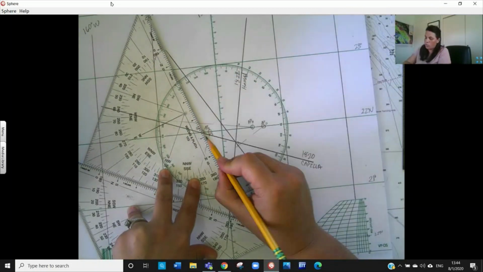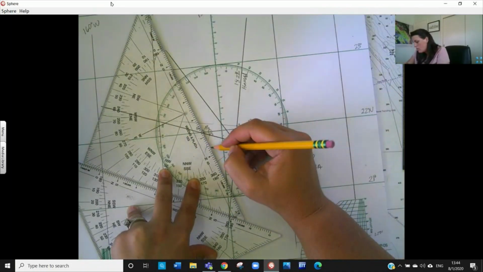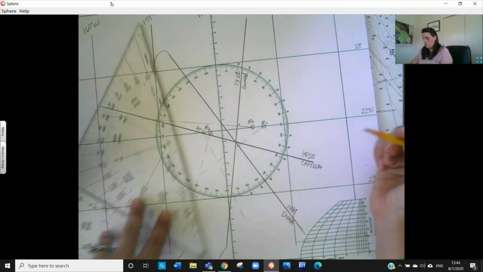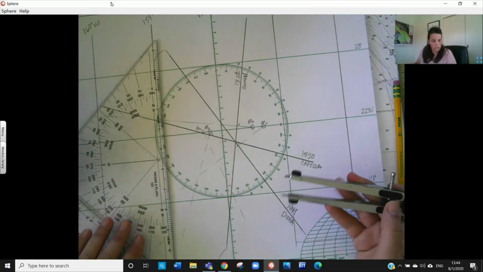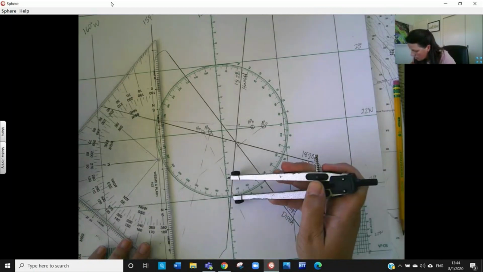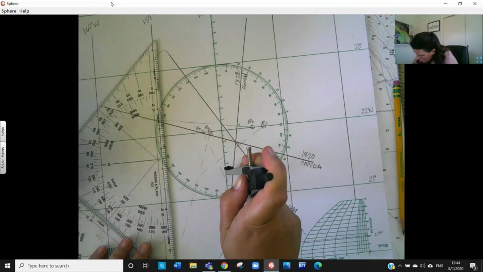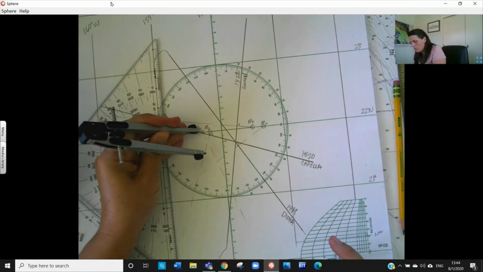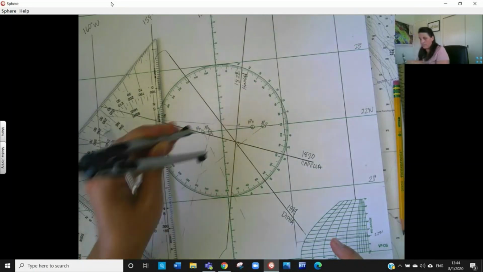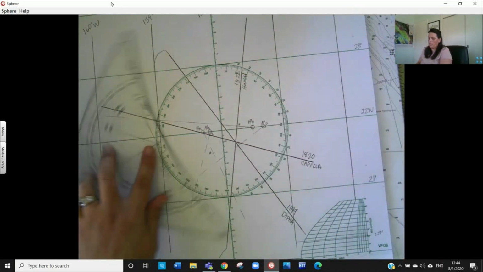And instead of going towards 339, we're going away from 339. Drawing my line. And my intercept is going to be 20.9, about 21, about 20.9. So this is my intercept, and I'm doing a perpendicular line.